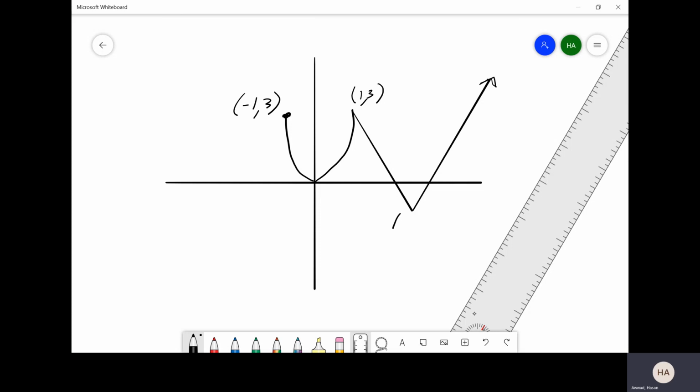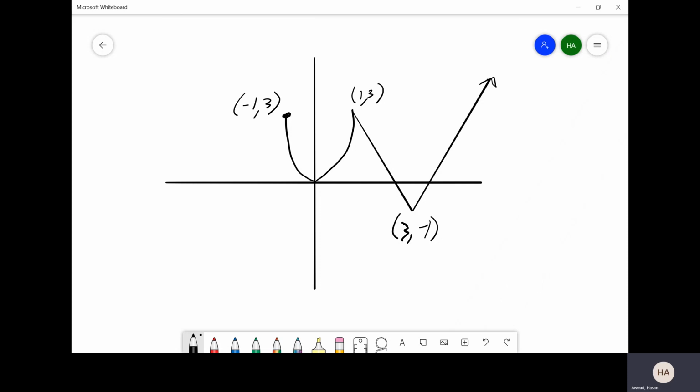Okay, and this point down here is 3, -1. Okay, so the idea here, and again, I'm sorry, I should label this X and Y, is I just want to see the interval where this is increasing, decreasing, and or remaining constant.